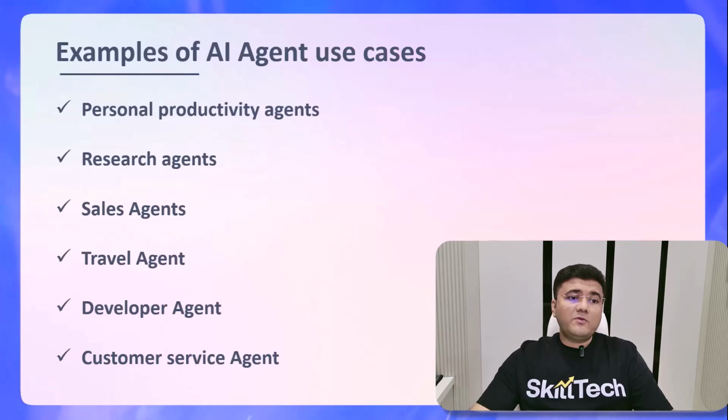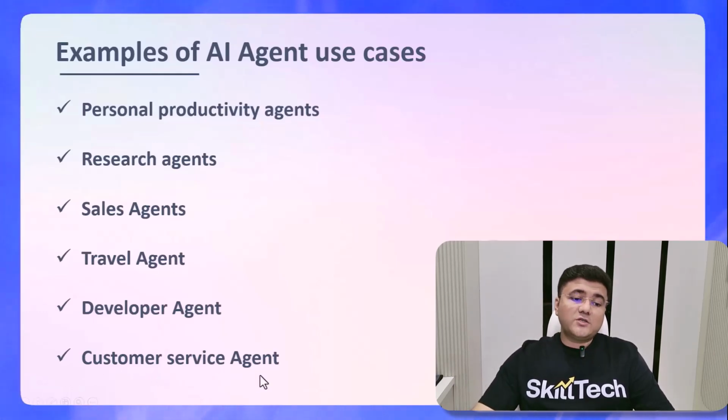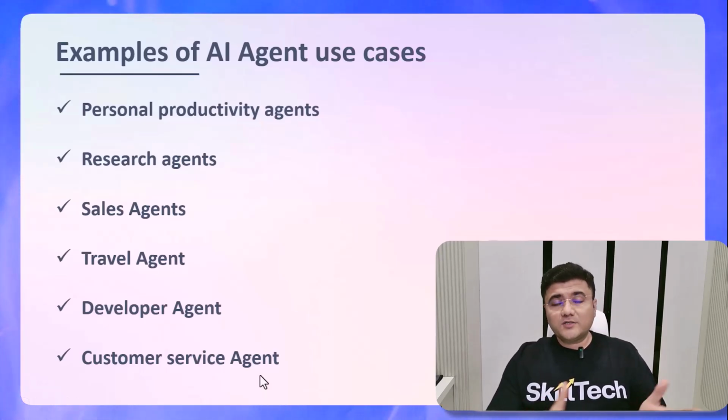Like, you can have a personal productivity agent, which is focusing on improving your productivity. You can have a research agent. You can have a sales agent. You can have a travel agent, like I've given you an example. You can have a developer agent, which can help you write and develop applications and solutions. You can also have a customer service agent, who's going to be a very advanced version of your customer support chatbot.